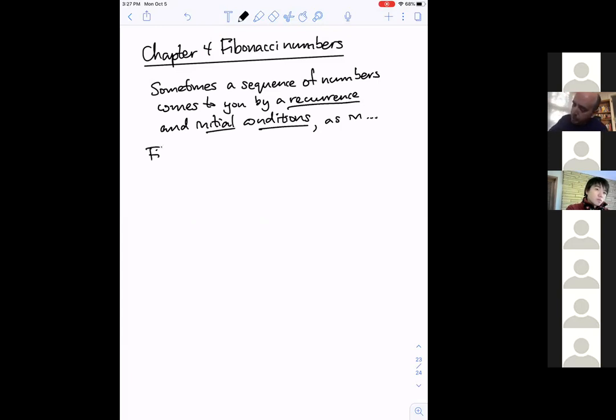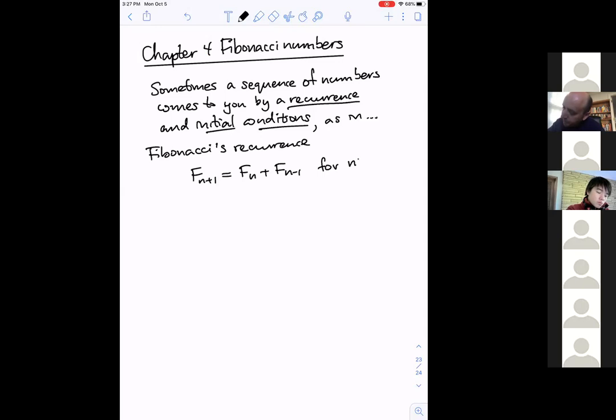So Fibonacci's recurrence goes like this. He wants to create a sequence of numbers F sub n, capital F sub n. Well, you want to get the next one, F sub n+1. You take the previous one, F sub n, and you add the one before that, F sub n-1.